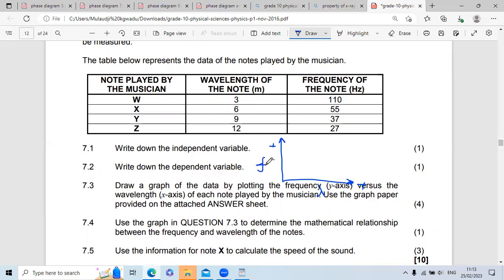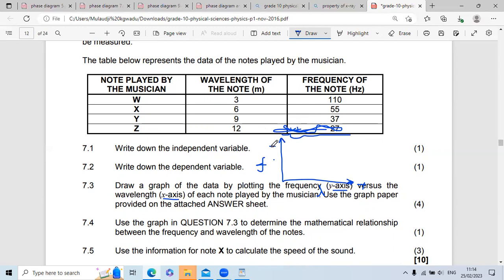This is a simplified version, so I'm going to tell you the things you need to do when drawing a graph in science. The first thing you must do is have a title at the top: a graph indicating the frequency versus the wavelength. It's usually graph indicating y versus x.